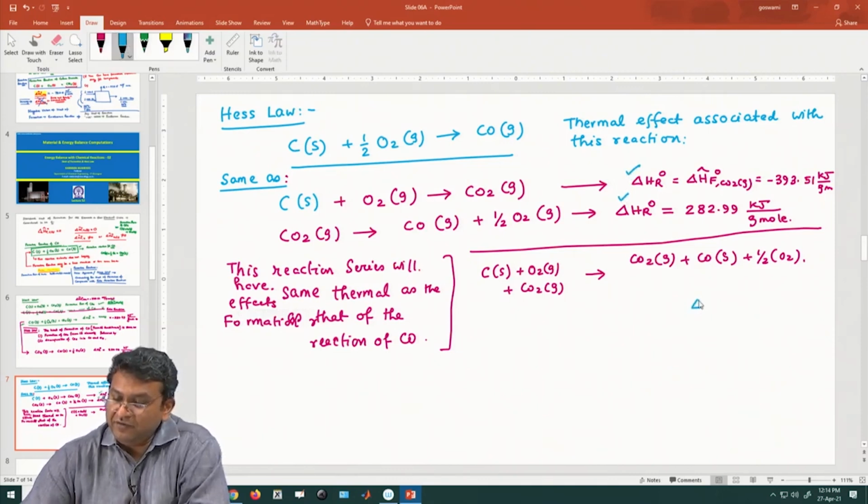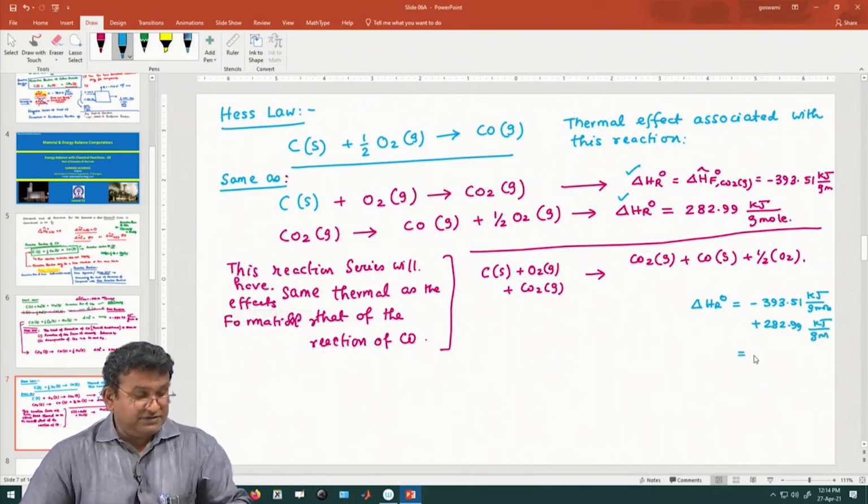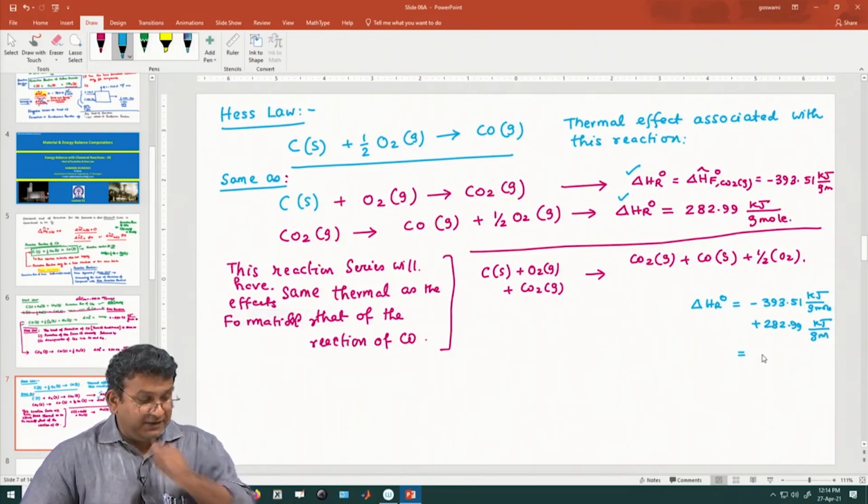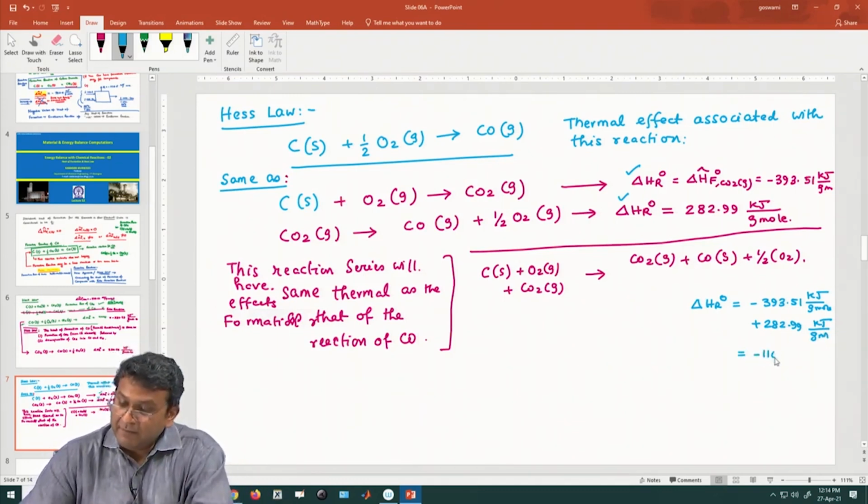So, the net heat of reaction according to Hess law is going to be minus 393.51 kilojoule per gram mole plus 282.99 kilojoule per gram mole, which is equal to minus 110.52 kilojoule per gram mole, right.